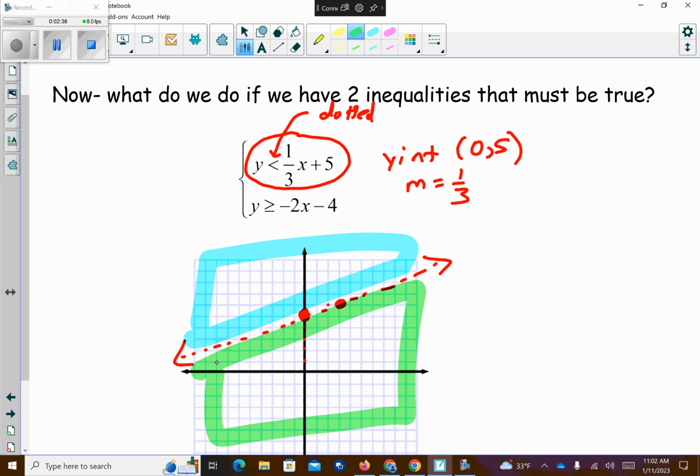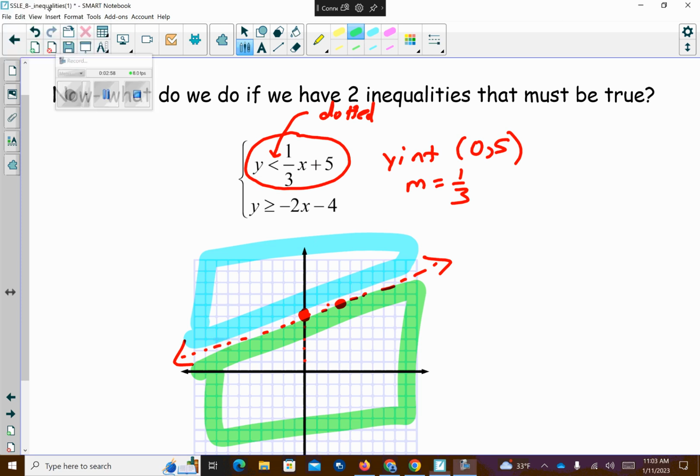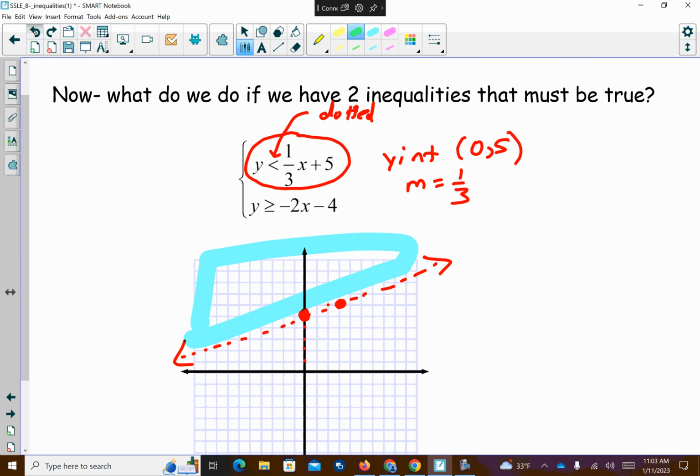Do you agree? Yeah. So originally when we saw this, we would have to do a test point, and in this case, we could have plugged in (0, 0). When we plug (0, 0) in, it could give us a true statement or a false statement. If it's a true statement, you shade where the (0, 0) is at. If it gives you a false statement, you shade the opposite region. Okay? So let me just get rid of those.